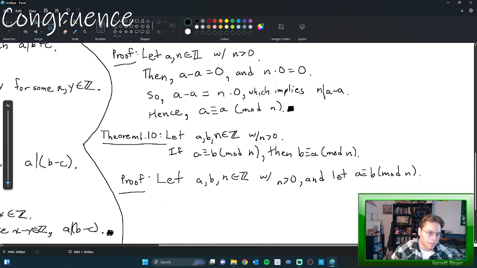And this means, so thus, n divides A minus B, so A minus B equals nk for some integer k.